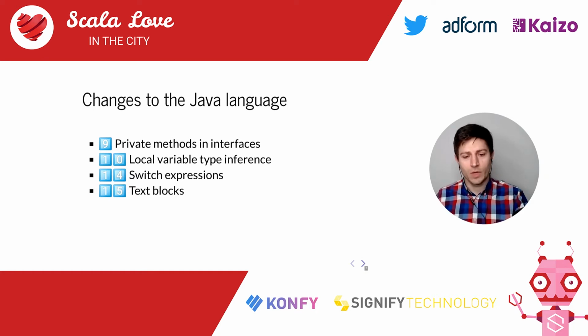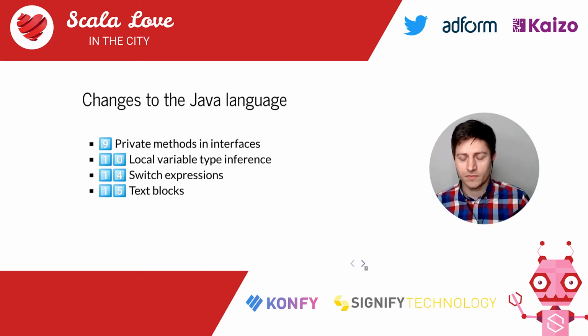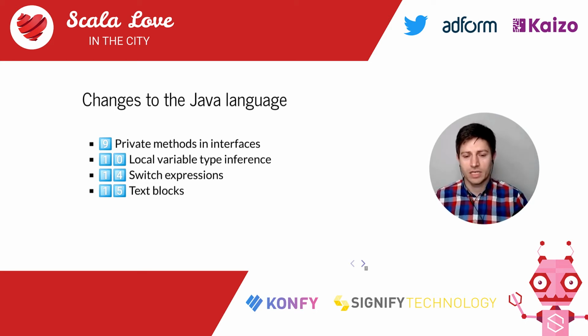Since Java 15, we have text blocks, which basically allow creating a multi-line string literal. So we don't have to add \n or whatever, or read that from an external file. We can now have multi-line text blocks directly in the source code, which is useful, especially for the SQL people, or when we are testing, for example, various REST responses or whatever.